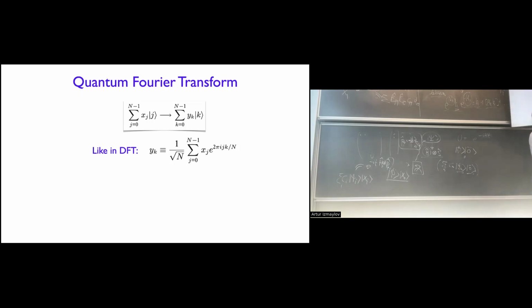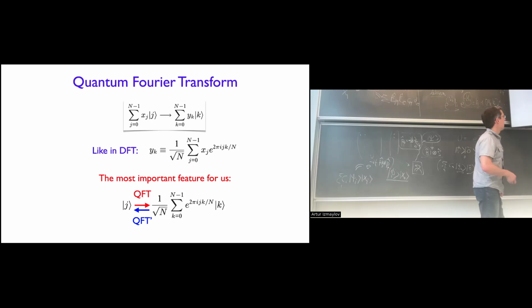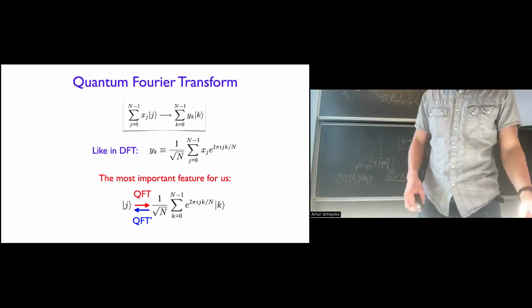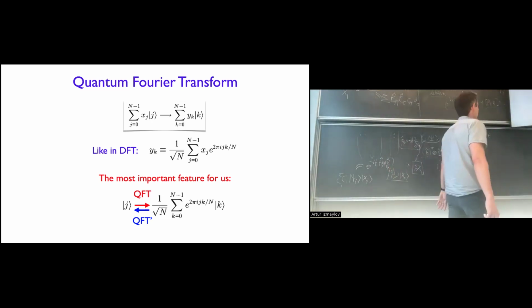And in the quantum case, we just go from one linear combination to another linear combination, where the x and y amplitudes are related by the discrete Fourier transform. And all that, especially if you see it for the first time, is really hard to understand or appreciate.